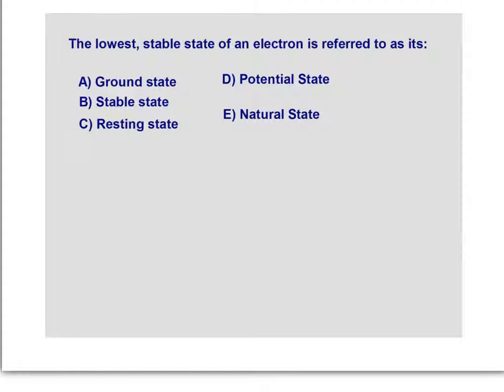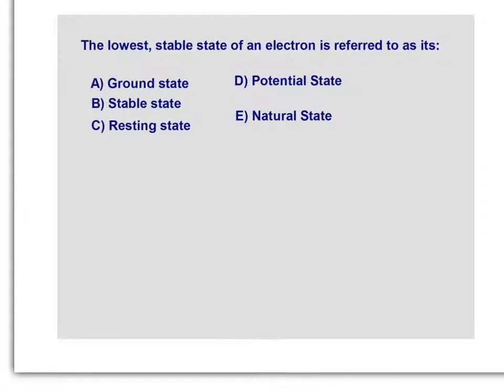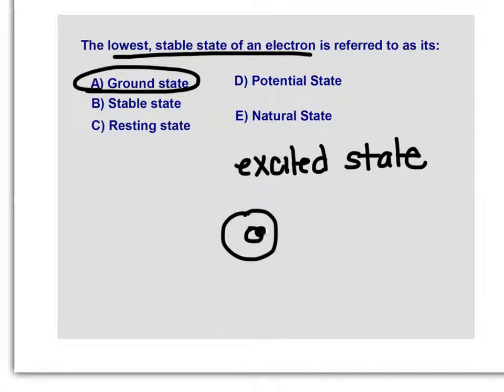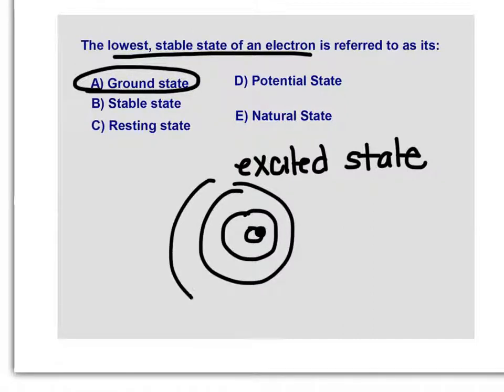Okay, this is an easy one. The lowest, most stable state of an electron is called the ground state. When it gains energy and jumps up, that's called its excited state. And then when it comes back down, let's say that it was living on n equals 1, it gets excited, it jumps all the way up to level n equals 5, or this would actually be 4.